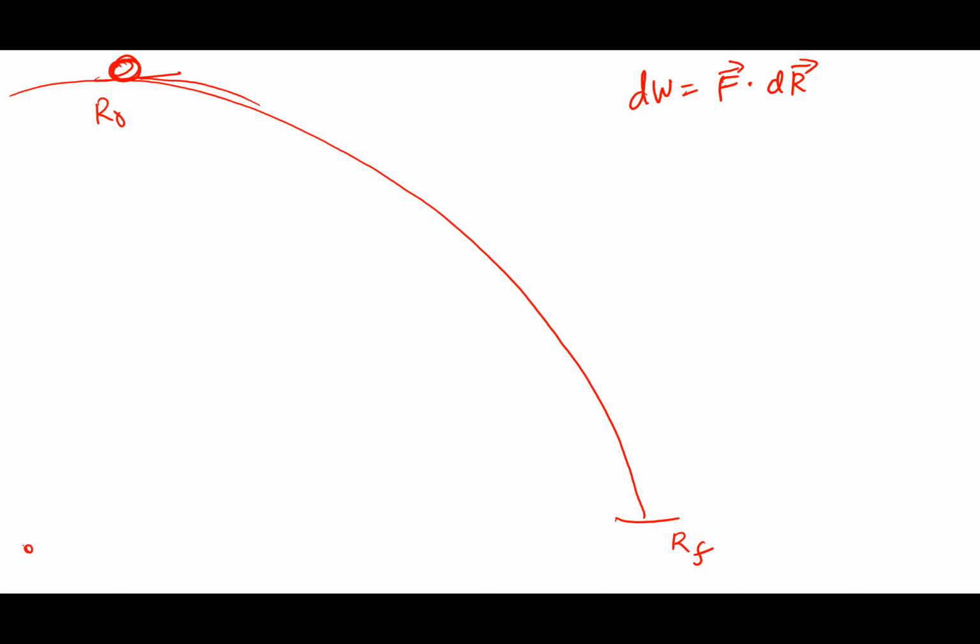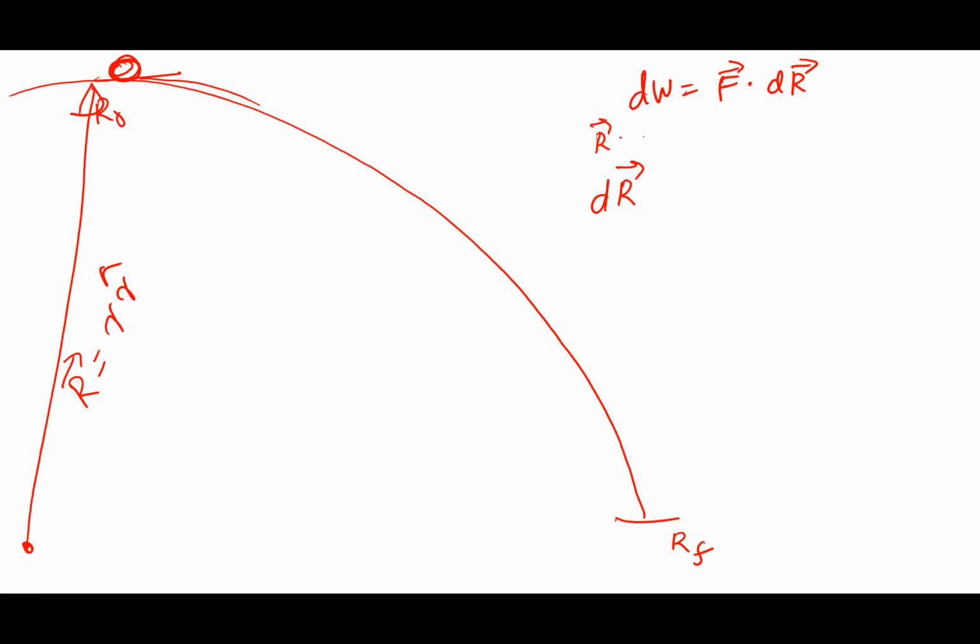You pick a center, and draw this. R vector is equal to R times R hat. So what is dr?